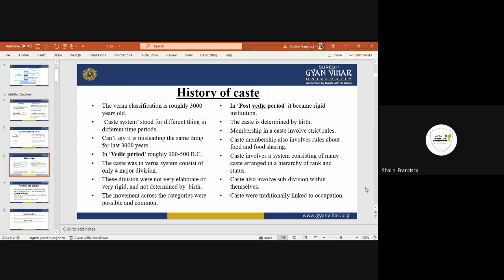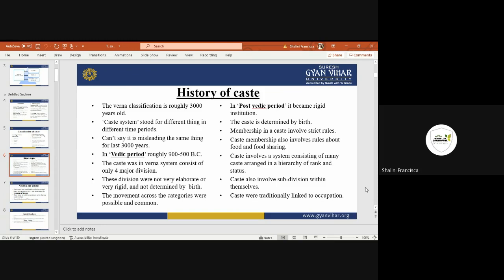So the second and third points have clearly defined that the caste system was changing according to the time period, and it did not remain the same for 3000 years. So here, as said, in the Vedic period, the caste system was only of four divisions, Varnas, according to the color.